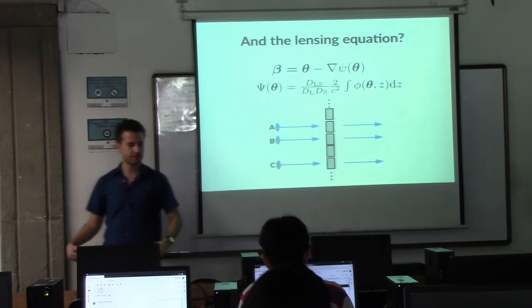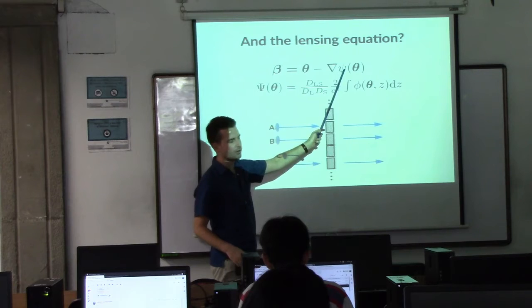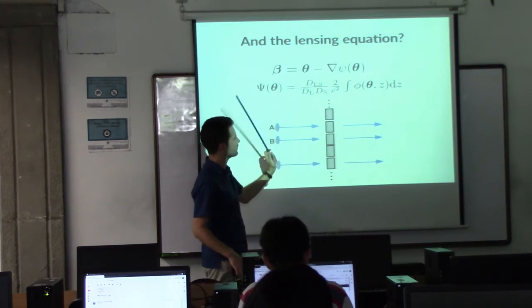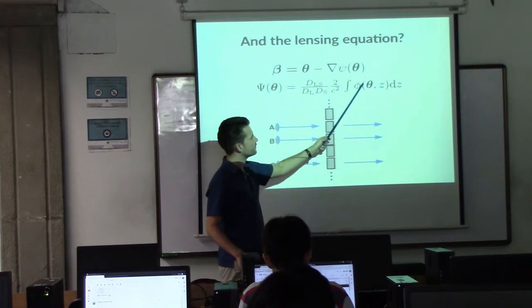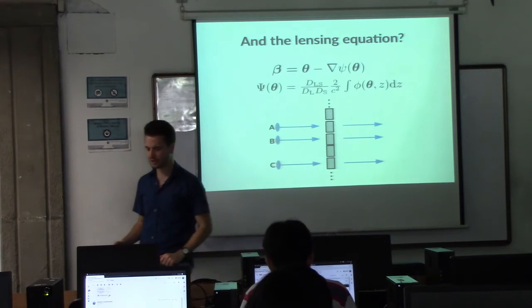So now we have the lensing equation, where this is our deflection angle, which is the gradient of the lensing potential, and your lensing potential, sorry for the capital here, is just the integral of your gravitational potential.